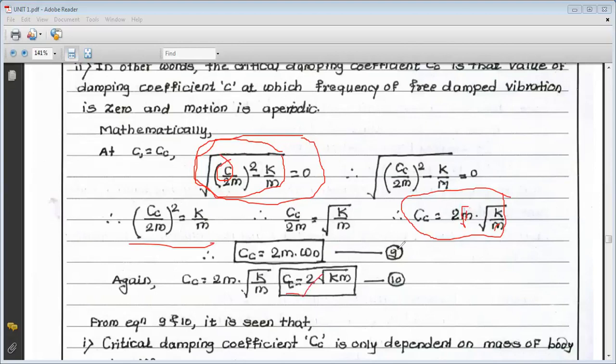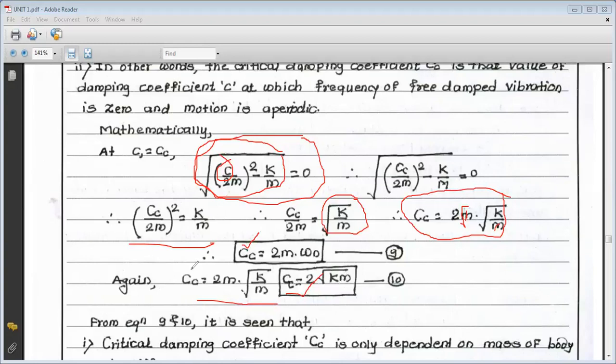This is another equation. Now second, we know that the square root of k by m is omega n, so 2m goes to this side, so Cc is equal to 2m omega n. So we have two formulas for Cc, both derived. Cc is 2m omega n, and if we put omega n equal to the square root of k by m, we get another formula of Cc, that is nothing but 2 under root k m.